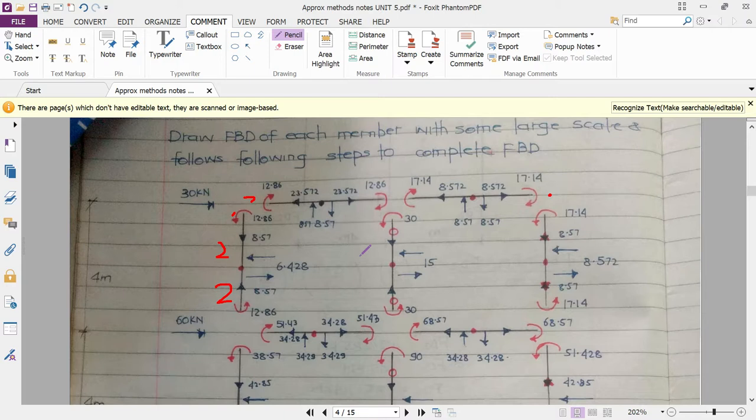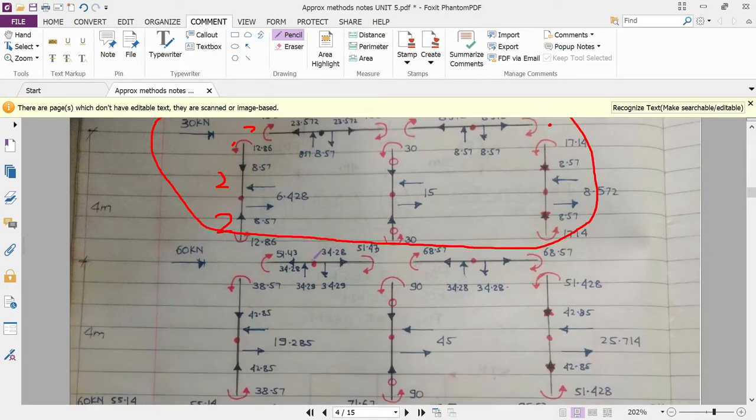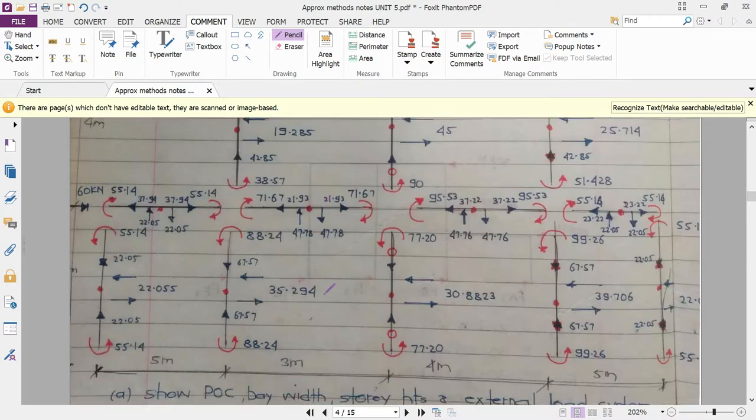Okay, so now we have calculated the first story. In the same way we have to move towards the second story, then to the third story. So likewise we can calculate the forces, that is the shear force and the axial forces in the column, in the beams, as well as the moment at the joint of each particular portal frame.